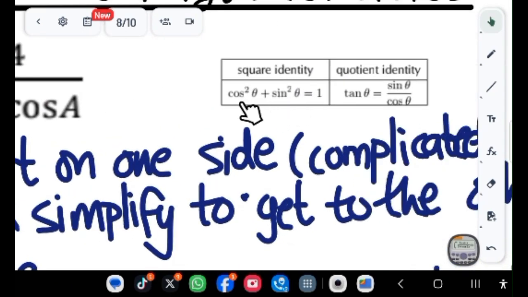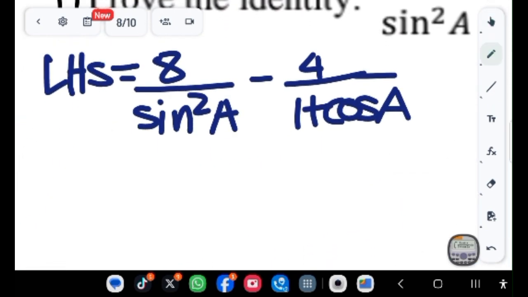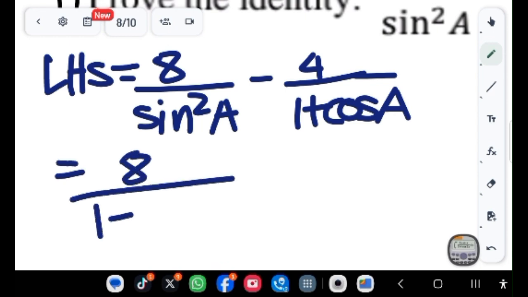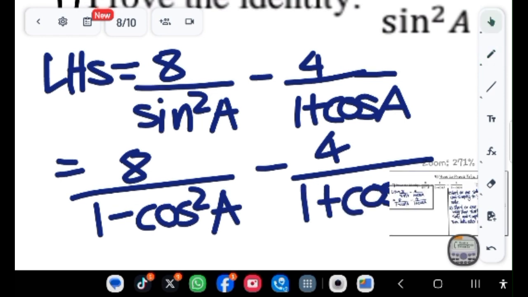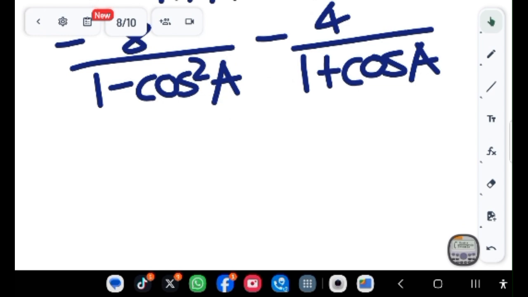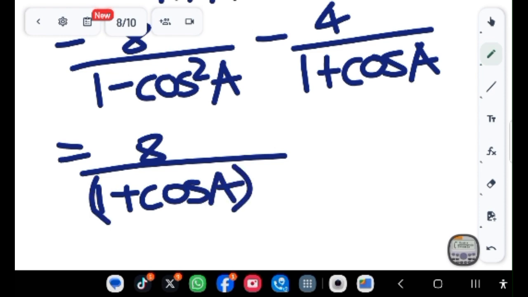Sine squared is 1 minus cos squared of theta, so we express it in terms of that. So we can then use the factorization of the difference of two squares. Now let's factorize this difference of two squares. That gives us 1 plus cos of A times 1 minus cos of A.